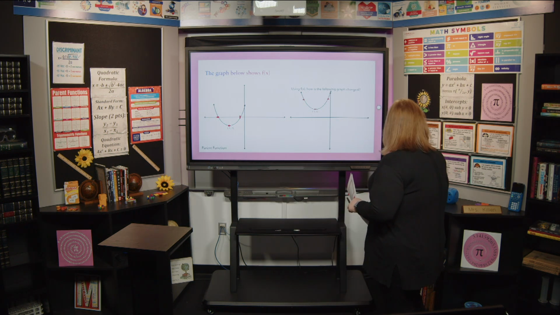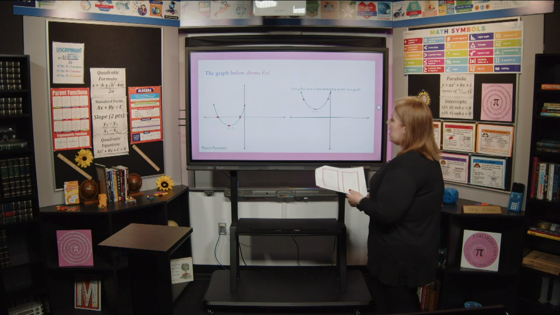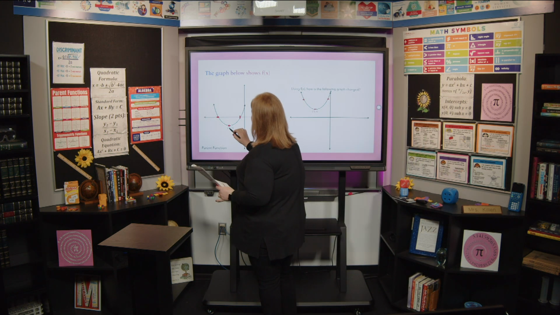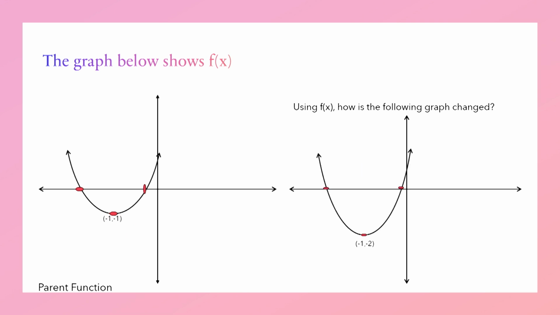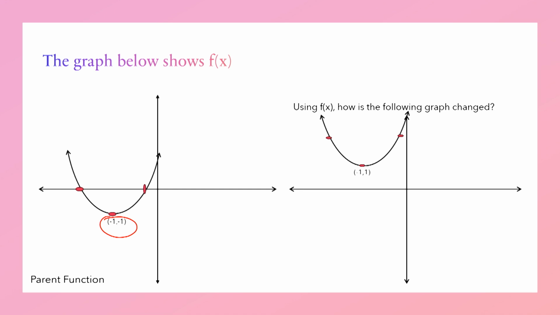Let's look. So my parent function tells me that my minimum was down here at -1, -1. My new function, I've got -1, but now I have -1, +1. So if I look at this, I can say that I went up 2 units.